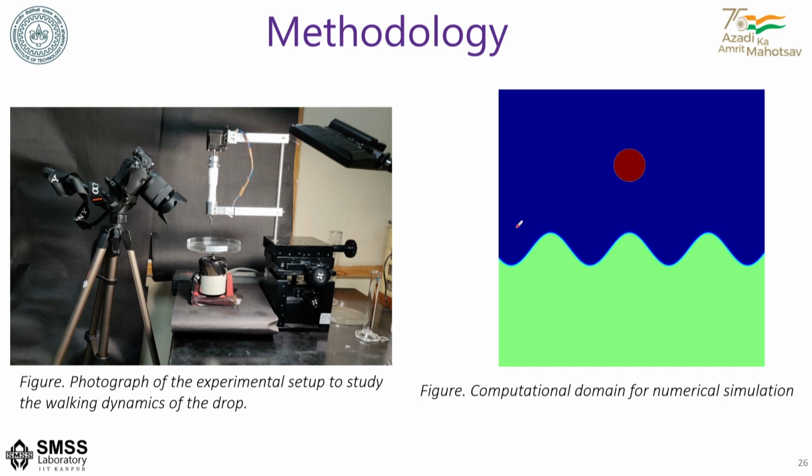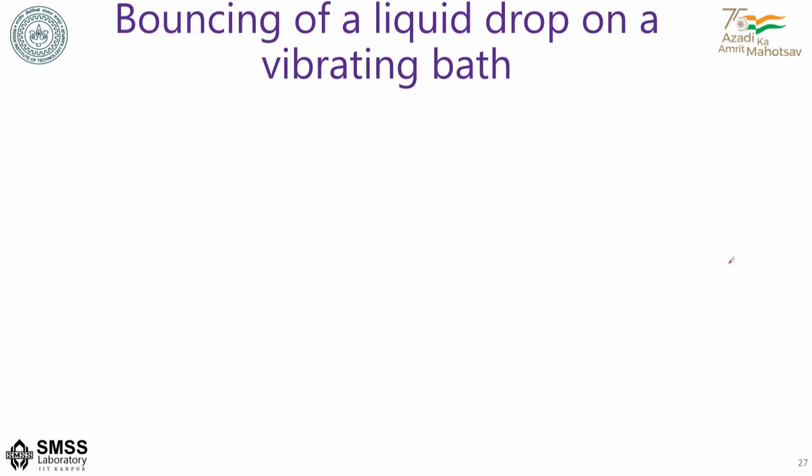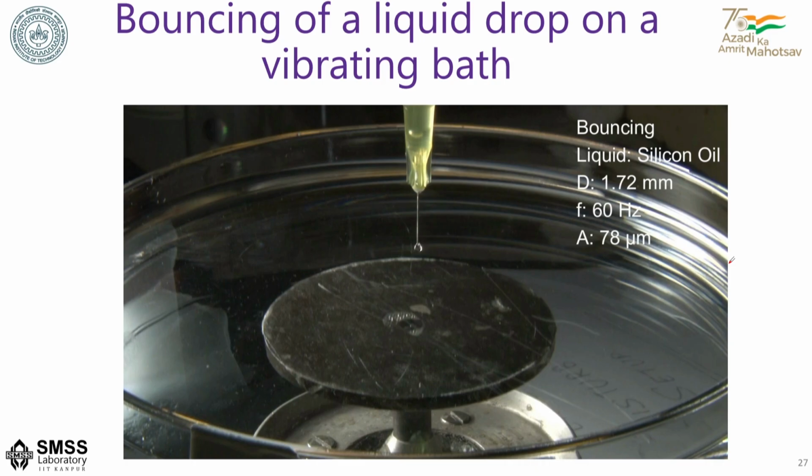But in a specific case here, if I create a vibrating pattern and then drop the liquid, you would see that first of all the liquid drop gets bounced, like this drop in this experiment. This creates a tapping motion, so that instead of coalescing, the drop is tapped continuously.